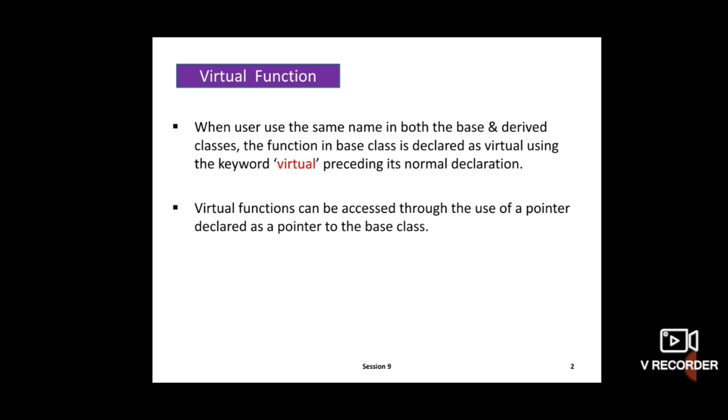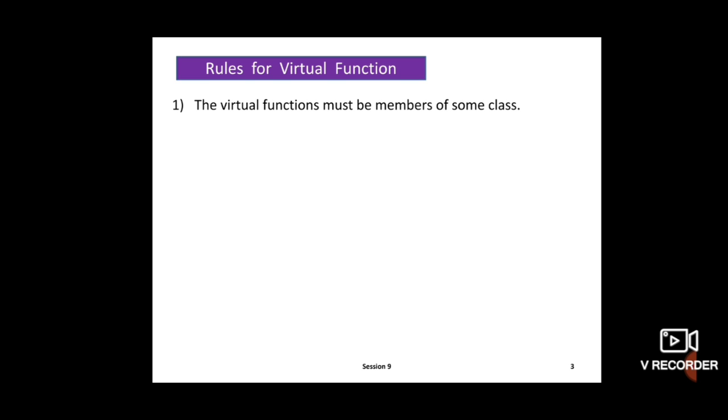Okay, now see the rules for virtual functions. Suppose you want to declare a virtual function, what are the rules? First, virtual functions must be members of some class. Means you declare a function, but that function is always declared under some class, so it is called a member of that class.